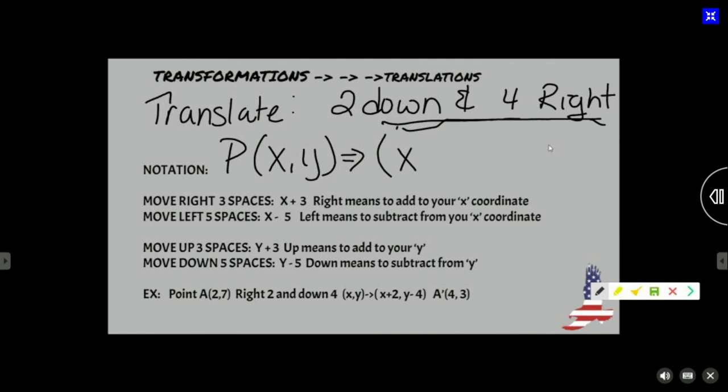I'm going to go 4 units to the right, then I've got to say X plus 4. If I'm going to do 2 units down, then I have to say Y minus 2. Okay? Test questions are going to be writing that rule.